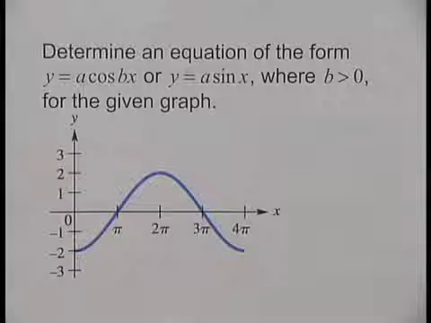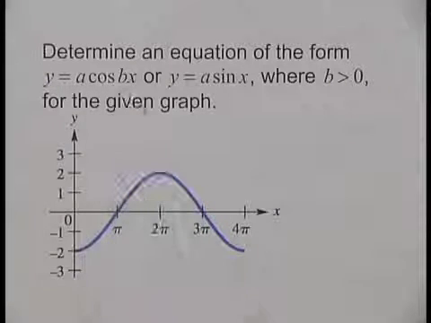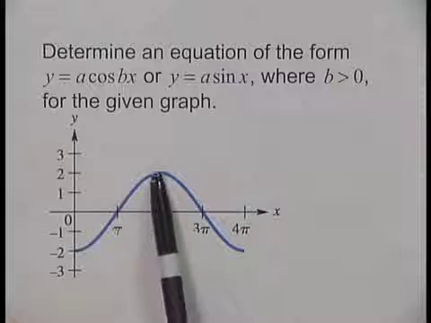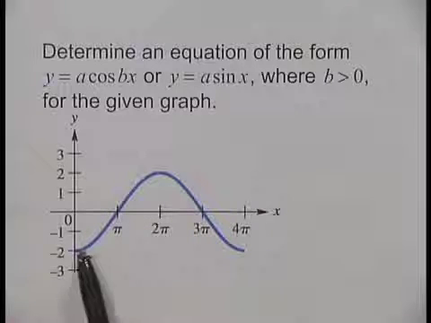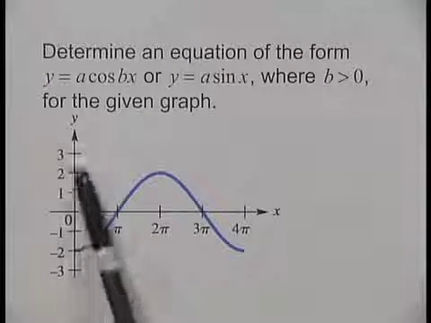And if we do that, then we will come up with an equation y equals a cosine bx. Let's look at the amplitude first and notice that the height here is at 2. This trough here is occurring at -2, and therefore the amplitude is half of the distance from -2 to 2.